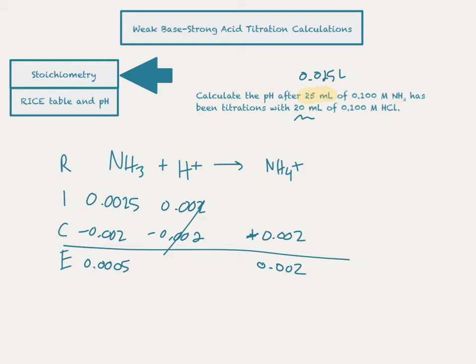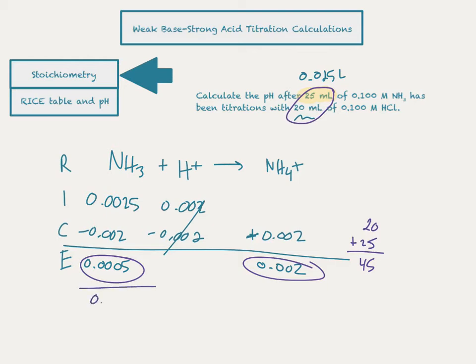To get ready for our rice table, it's a really good idea to take these moles and change them into concentrations. To do that, I need to add up my two different volumes that I've put together to get a total volume to divide them by. So we'll do 20 plus 25 milliliters is 45 milliliters. So I'm going to take both of these numbers and divide them by 0.045 to get these values into molarity.